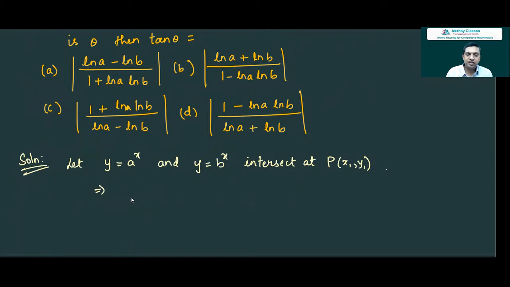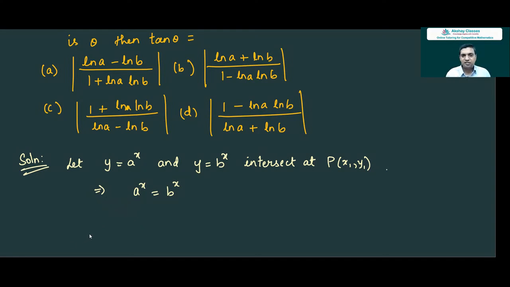So where do they intersect? You get a power x is equal to b power x.